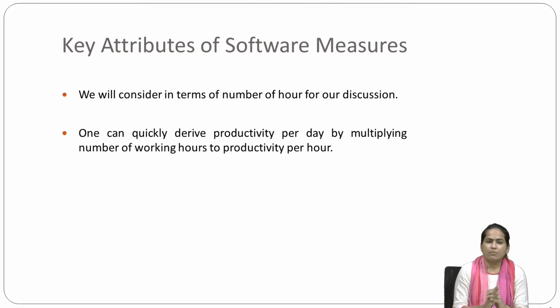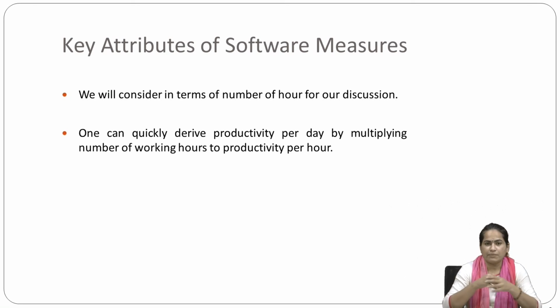When we are talking about productivity, one person can quickly derive productivity per day by multiplying the number of working hours by the productivity per hour.